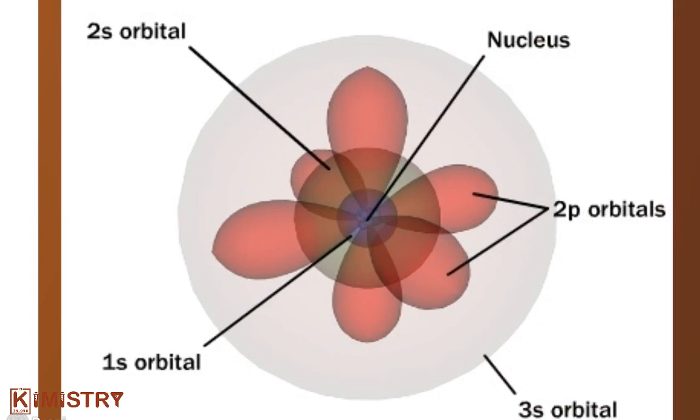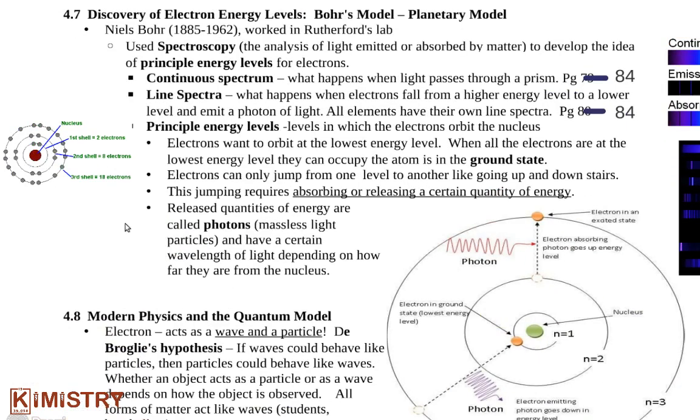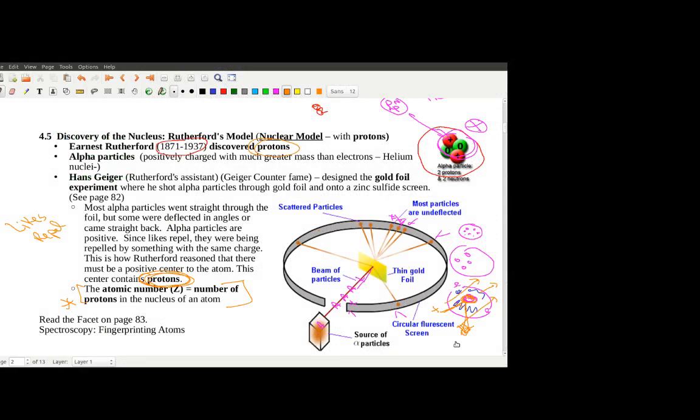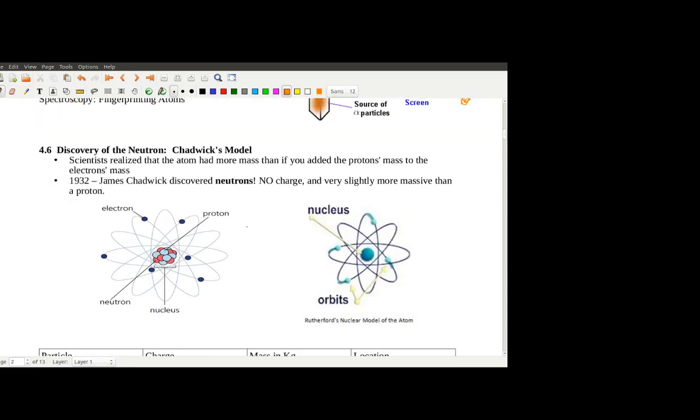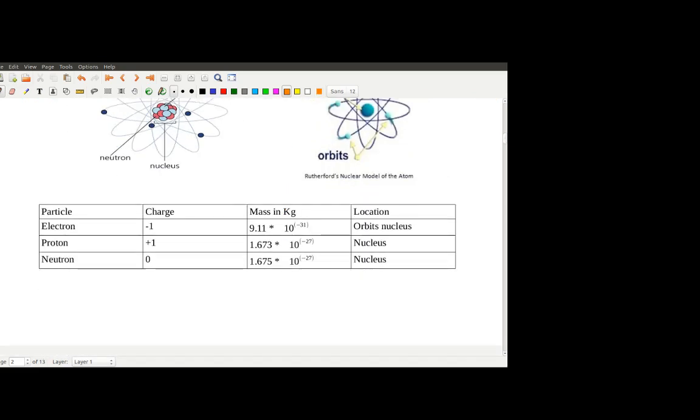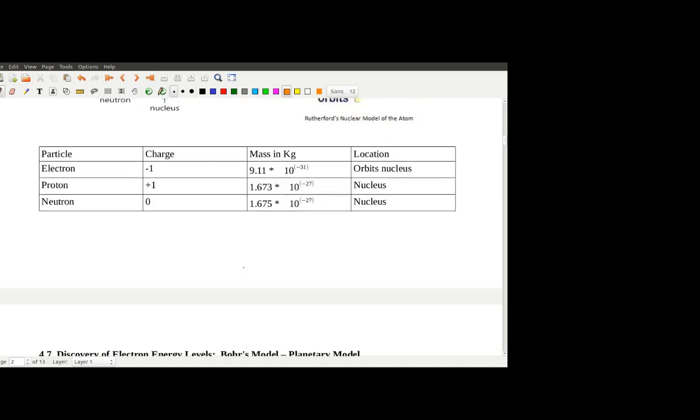Okay, before we go on to the quantum model, I'm going to go back to your notes for a second. All right, so here we have that. There's Chadwick's model and Rutherford's model. And we talked about the relative sizes of the particles, and we added quarks.